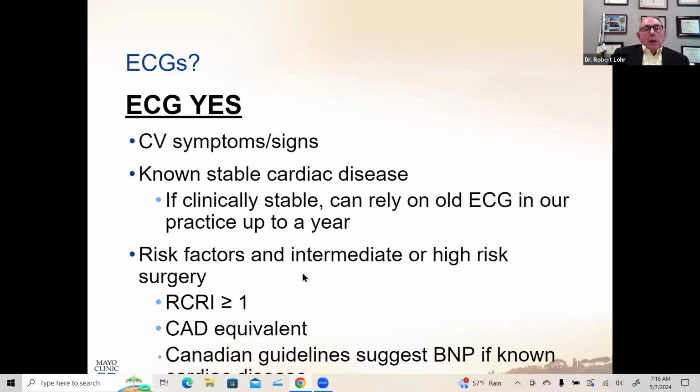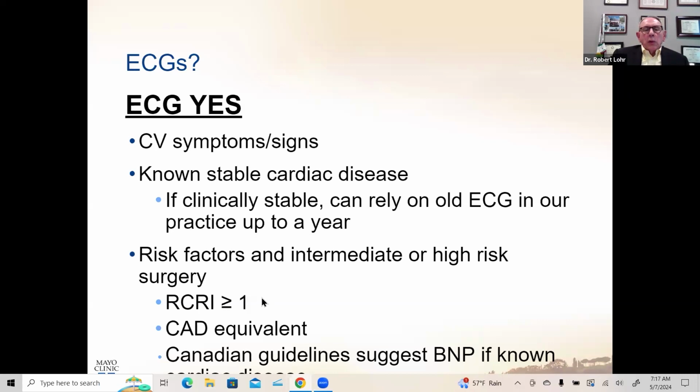And then if there are risk factors and it's higher risk surgery, so the RCRI is the Revised Cardiac Risk Index, and we'll talk about that in some detail in a couple of weeks, but it is a very widely used tool for cardiac risk assessment. It has some problems. It was validated and developed in about 1999, and at that time, proponents and things were not around.